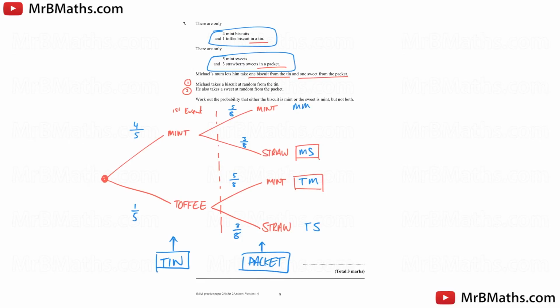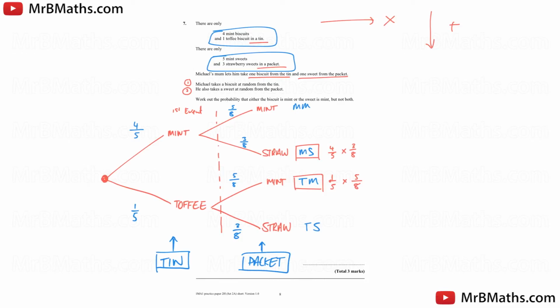So then what we need to do is remember, going across we multiply and going down we add. So multiplying this would be 4/5 for the mint times 3/8 of the strawberry, and this would be 1/5 for the toffee and 5/8 for the mint.